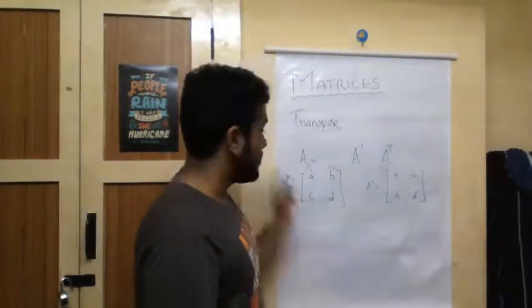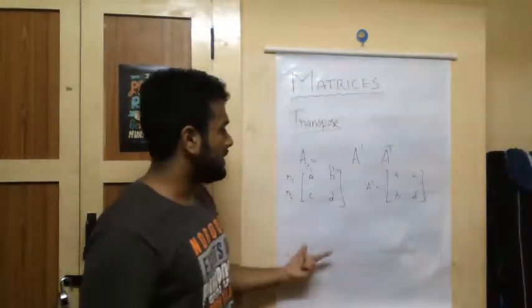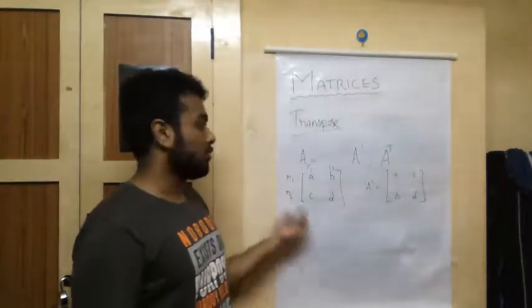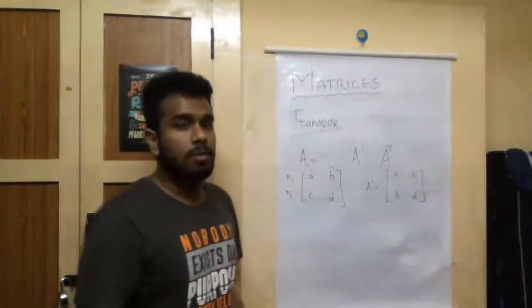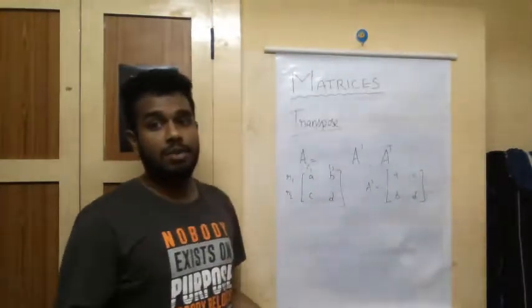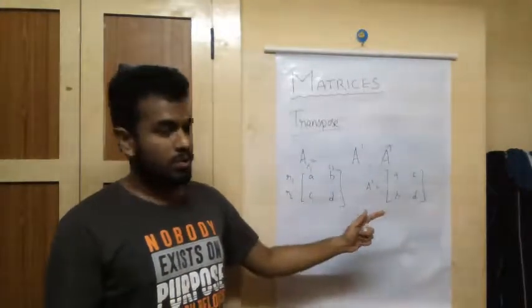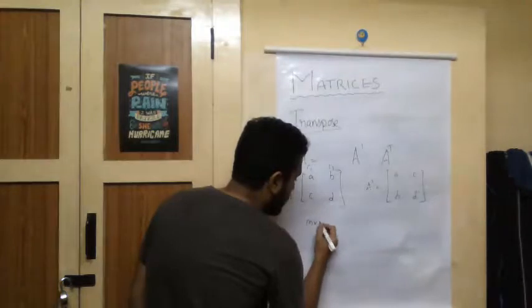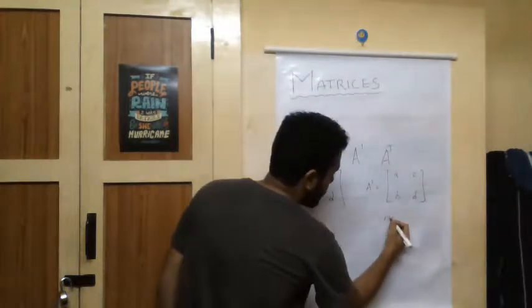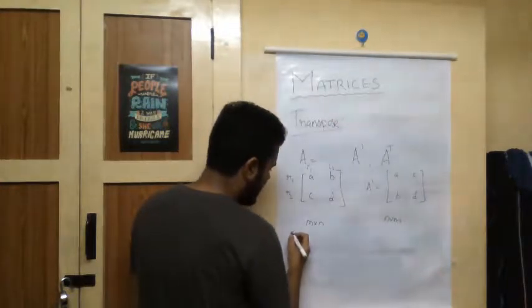And since this is a square matrix, the transpose of this was also a square matrix. But generally, when we take a non-square matrix, a matrix of order M into N, where M and N are not equal, the transpose has the order N into M. So if A has the order M into N, the transpose has the order N into M. This is easily provable by taking an example of a row matrix.